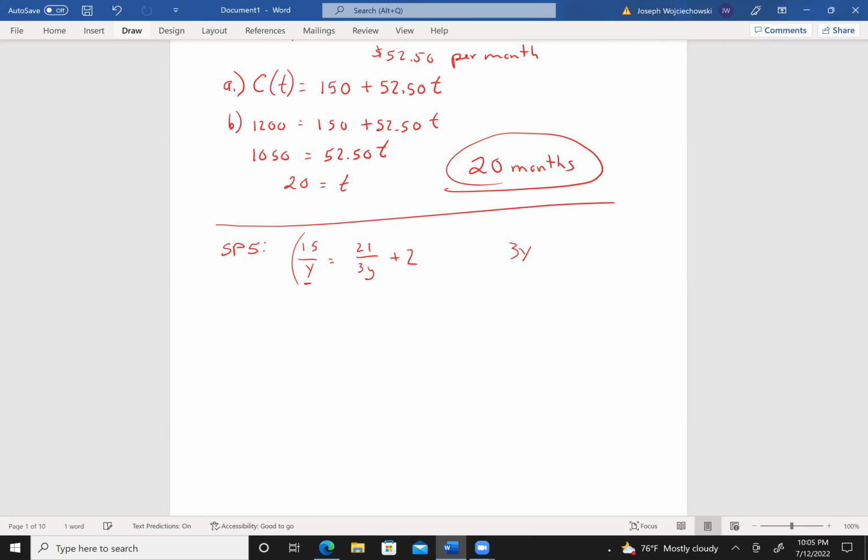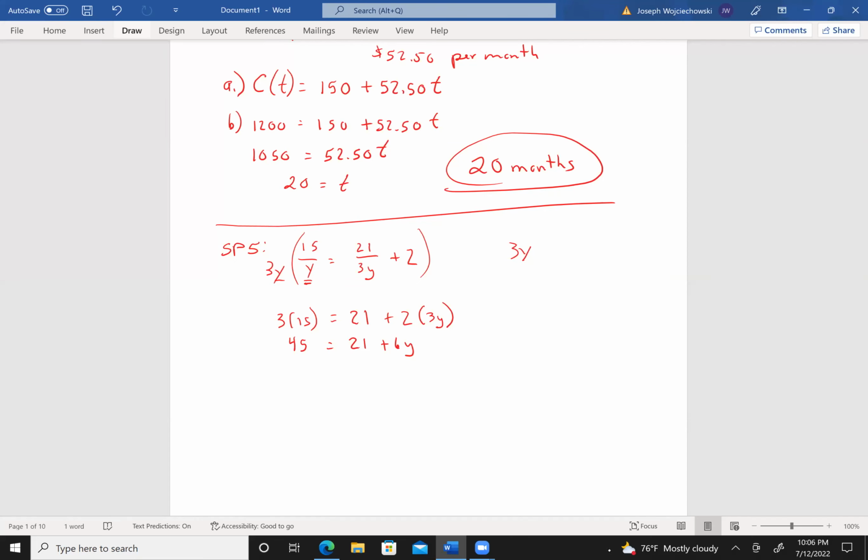So if I multiply the whole thing by 3 times y, the y's cancel out, and I get 3 times 15. Here the 3y's cancel out, so I get 21 plus 2 times 3y. So this is 45 equals 21 plus 6y.